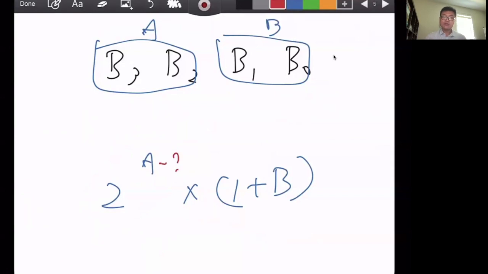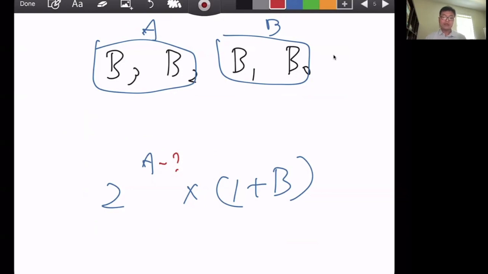Then it is not guaranteed to be 0 or positive; it can be negative. 2 to a negative power makes the number smaller and smaller. 2 to the power of negative 1 becomes 0.5, and 2 to the power of negative 3 becomes 0.125, right? So if we consider a big enough negative value, eventually the number can get close to 0.